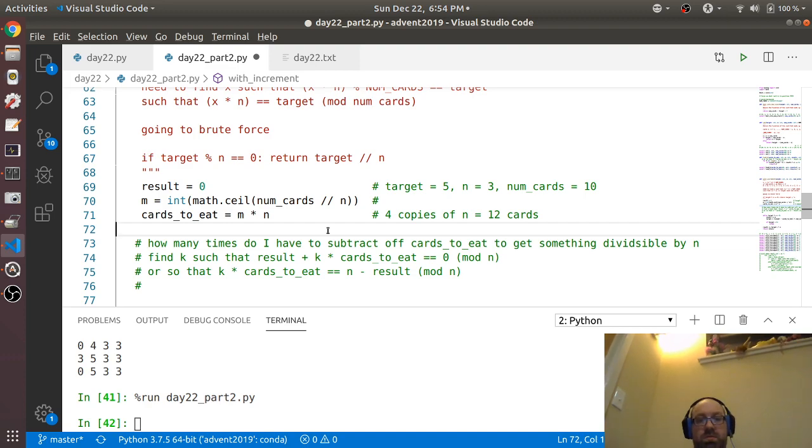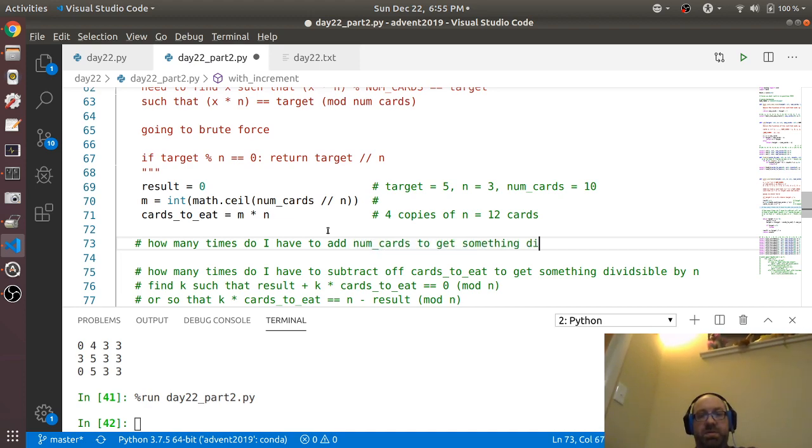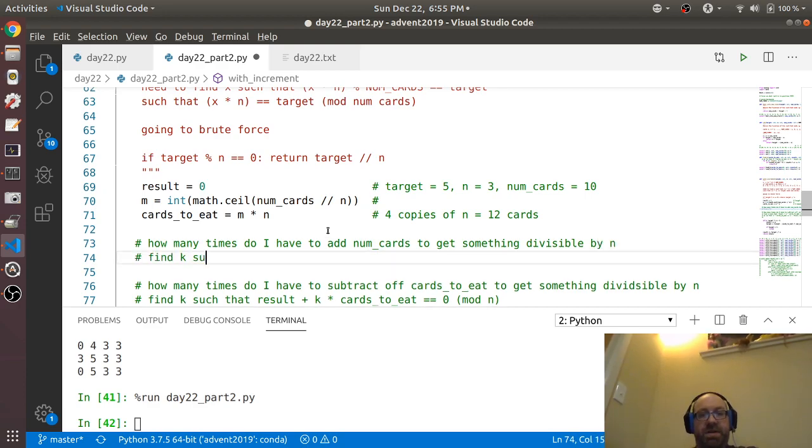So what I should really be thinking is how many times do I have to add num cards to get something divisible by n? Find k such that, so I don't need this cards to eat, that was wrong: result plus k times num cards equals 0 mod n.